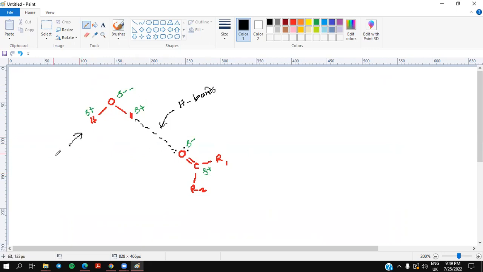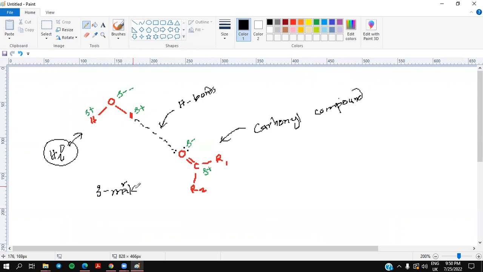This is the water molecule. This is the carbonyl compound. If you draw this structure clearly, you get 3 marks for this, so do it now.